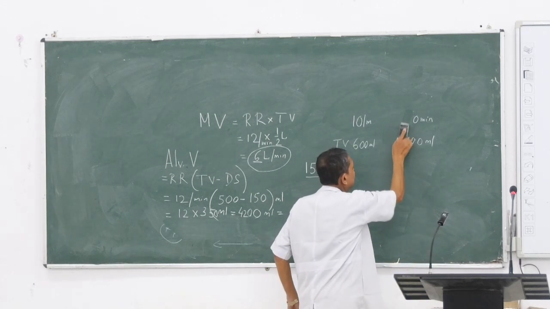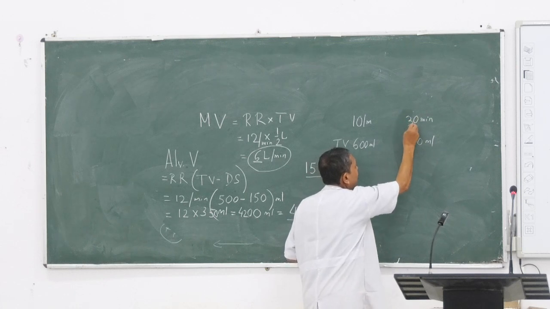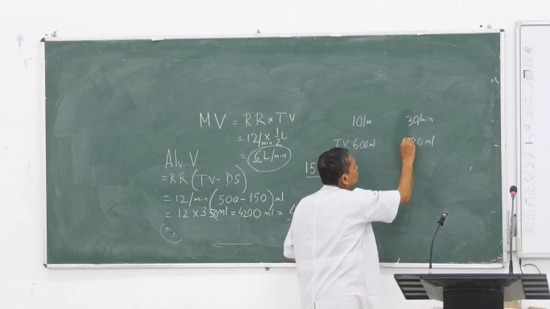We can change this for the sake of understanding. 30 per minute, and it is 200 ml per minute.